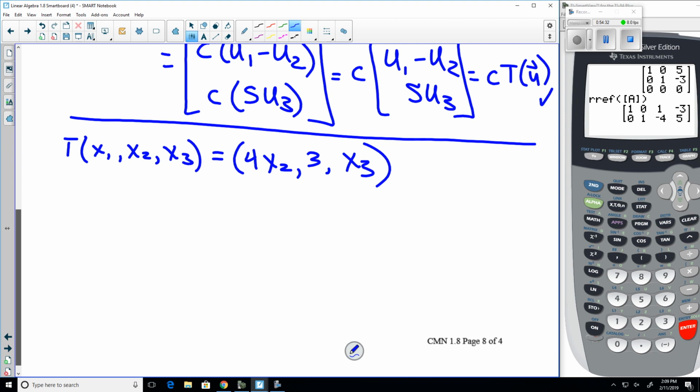Can we just say no because the zero vector does not map to the zero vector? Yeah, that's good enough. Let's find another one though, just to show that one of the other ones fails.